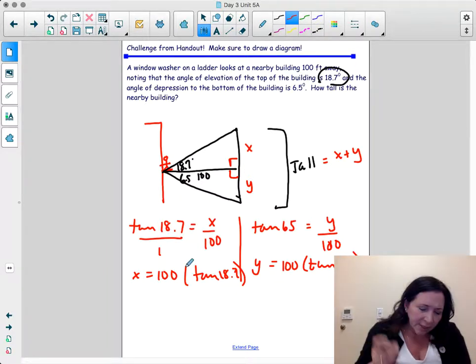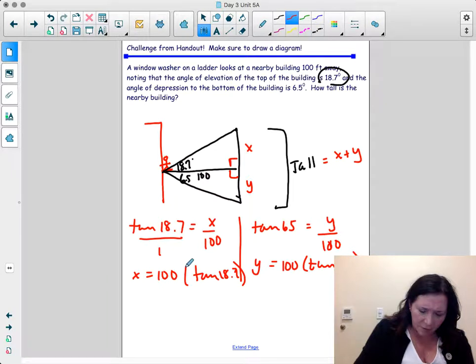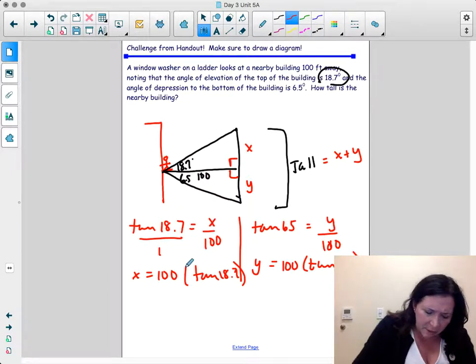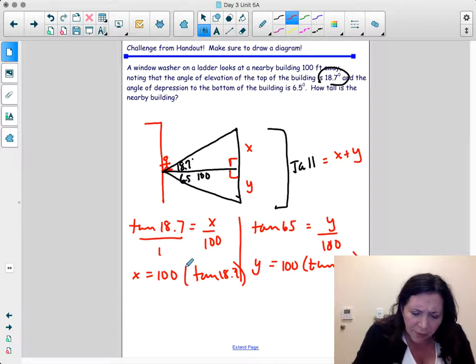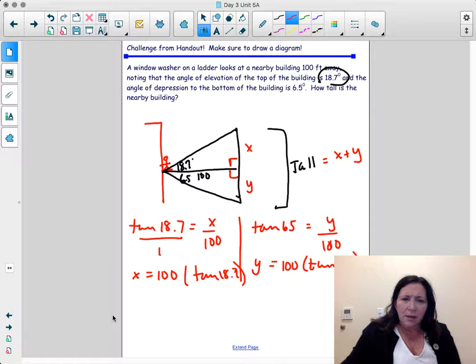Okay, so the building, let's see here. We have 100 tangent of 18.7. And so this is going to be 33.8. So this is x, which is about 33.8 feet.